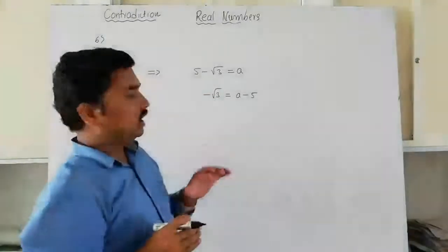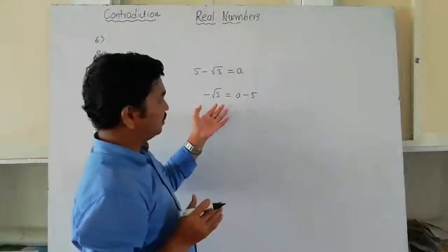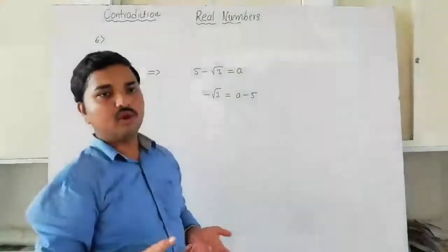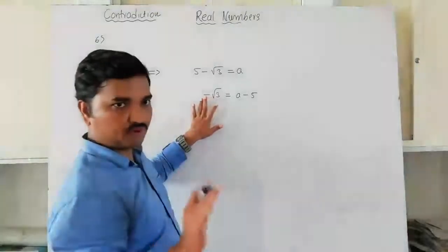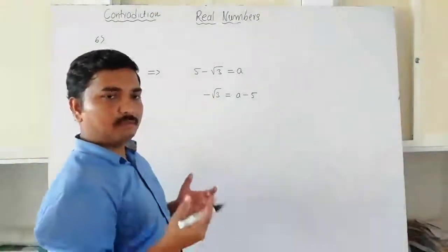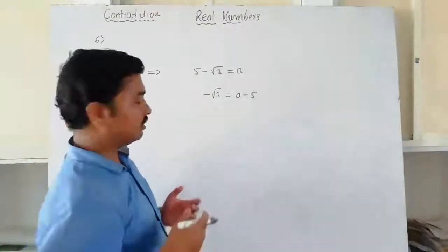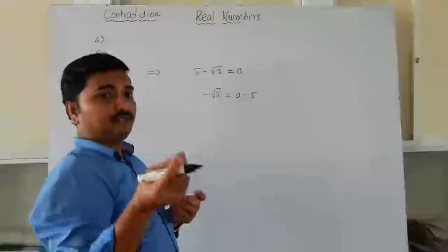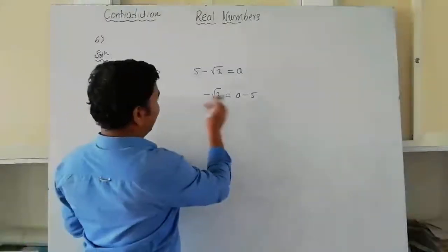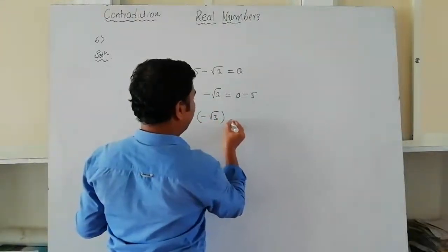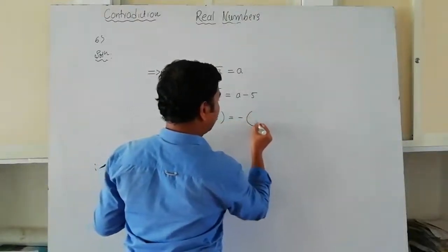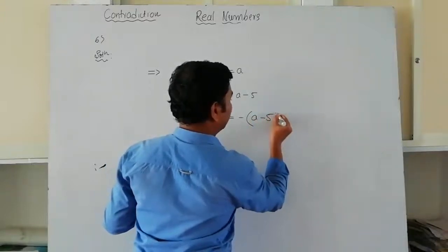Even if you leave the question up to here, it will be enough. Or else, if you want to keep a positive sign here, you need to multiply on both sides by a negative sign. So minus of this one, minus of minus root 3, and on the right hand side minus, and put a bracket here, a minus 5, like this.